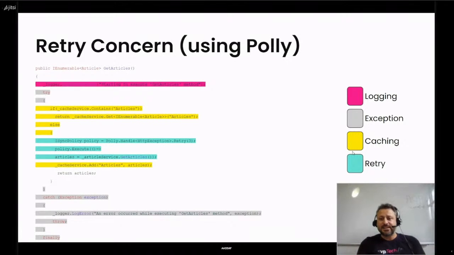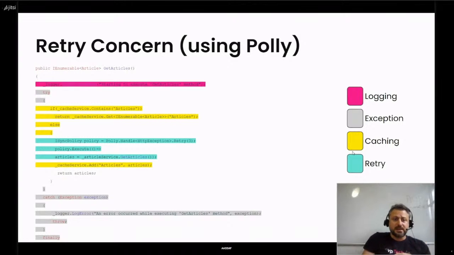What about adding a retry policy also? Sometimes the API can fail, or we can have a network error. Instead of returning an error to the final user, it's important to have some retry policy to call the article API.